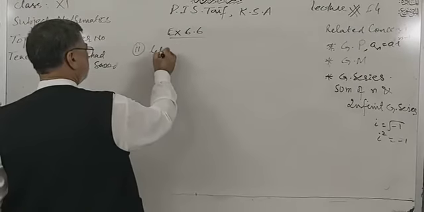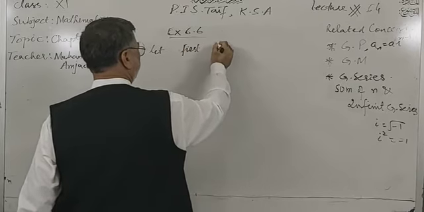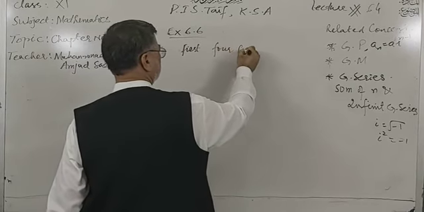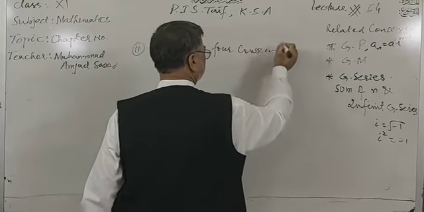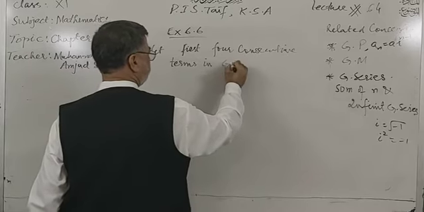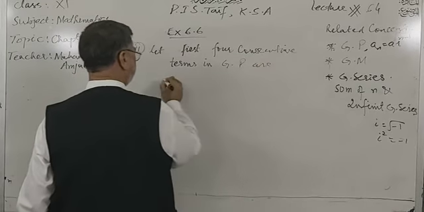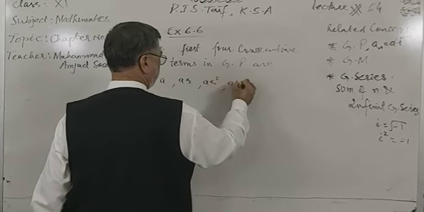let first 4 consecutive terms in GP be A, AR, AR square, AR cube.